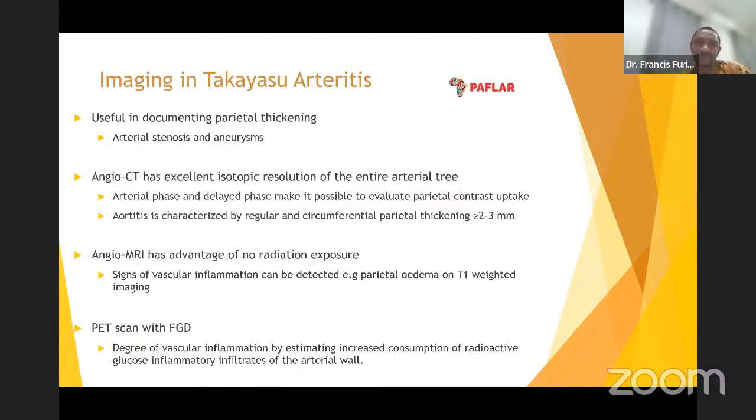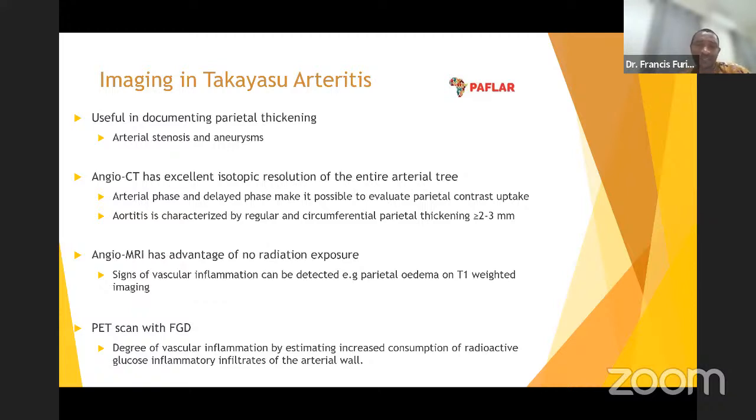And so as we know, imaging plays an important role; it is the backbone of the diagnosis. Particularly the CT angio and MRI can pick arterial stenosis and aneurysm. Angio CT has excellent isotropic resolution, and you might be able to detect aortitis, which is characterized by circumferential parietal thickening.